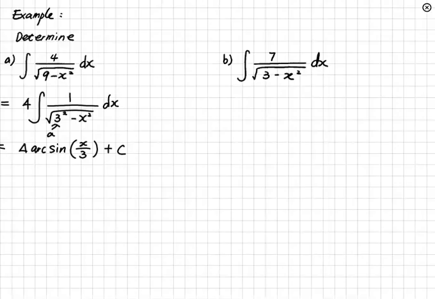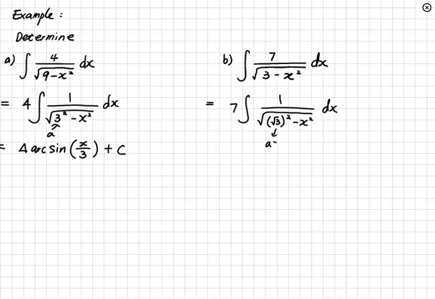Now let's have a look at question B. We have integration of 7 on square root of 3 minus x squared. Very similar to question A, so we're going to follow similar steps. So firstly, we want to make the numerator 1, so that means I need to take the 7 out. And under the square root, that 3 has to be a perfect square. So we know that square root of 3 squared will give us 3 minus x squared of dx.